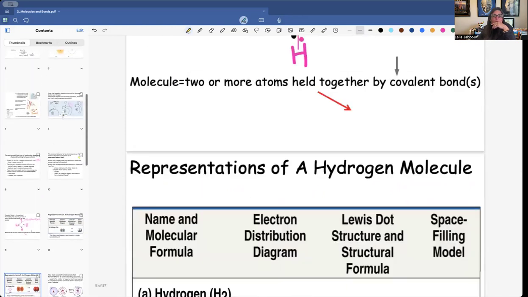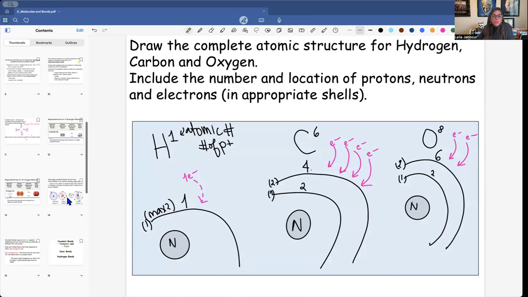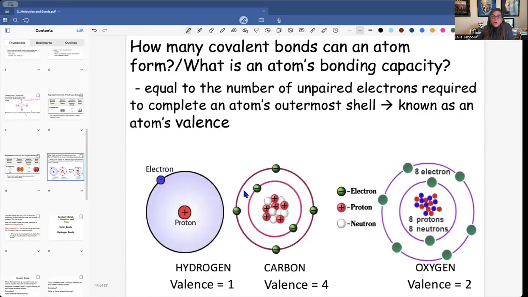So if you go back to carbon here, we had 4, we need 4 more because we need to reach 8. So carbon has 1, 2, 3, 4, and it requires 4 more to be stable. And oxygen has 1, 2, 3, 4, 5, 6 electrons around the oxygen atom.